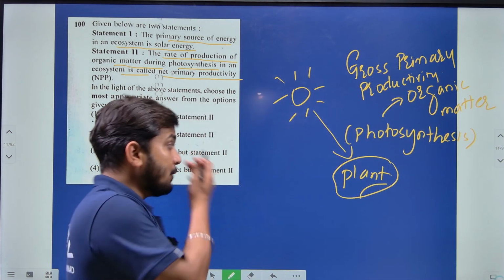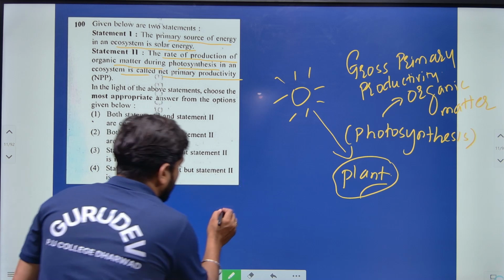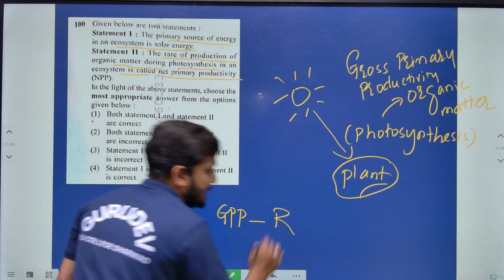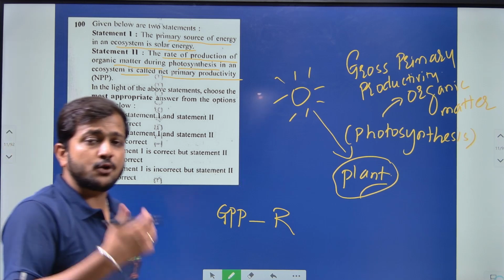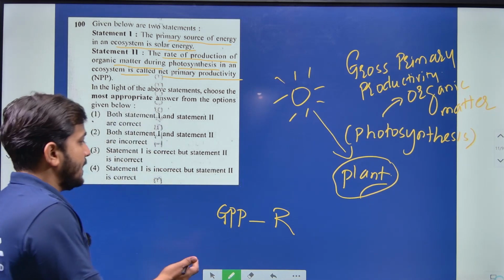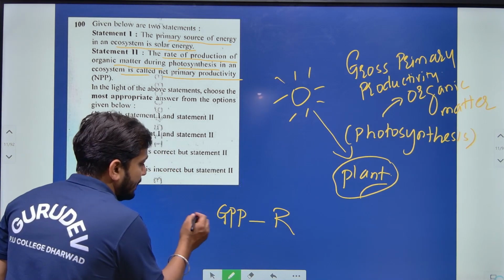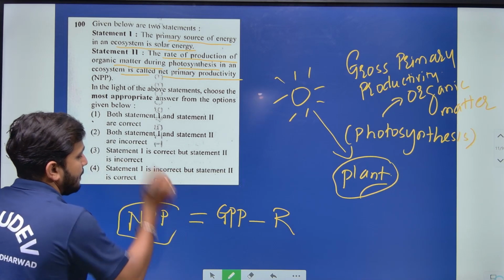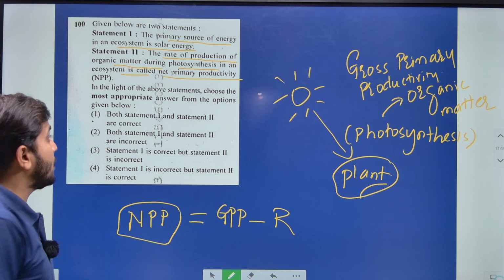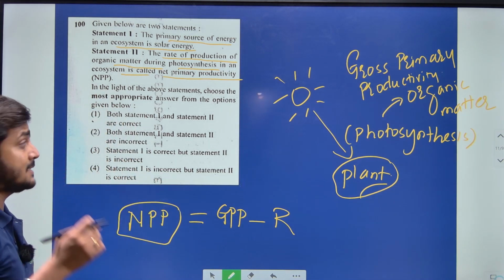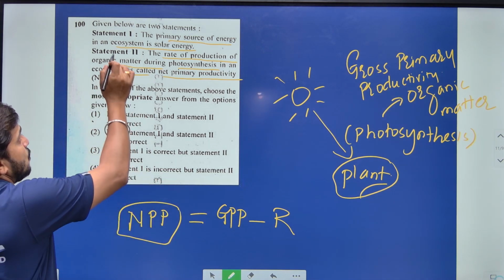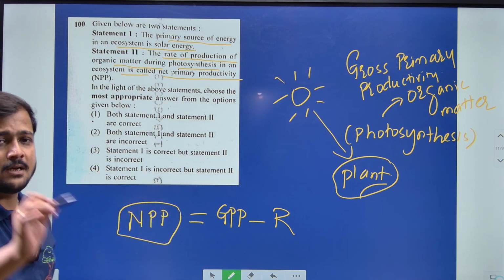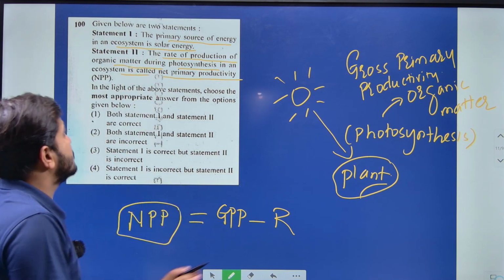During that period, the gross primary productivity is utilized in respiration, meaning it is going to utilize that energy. So GPP minus R will give something called NPP, that is net primary productivity. According to these statements, the first statement is true, that is, the primary source of energy in an ecosystem is solar energy.